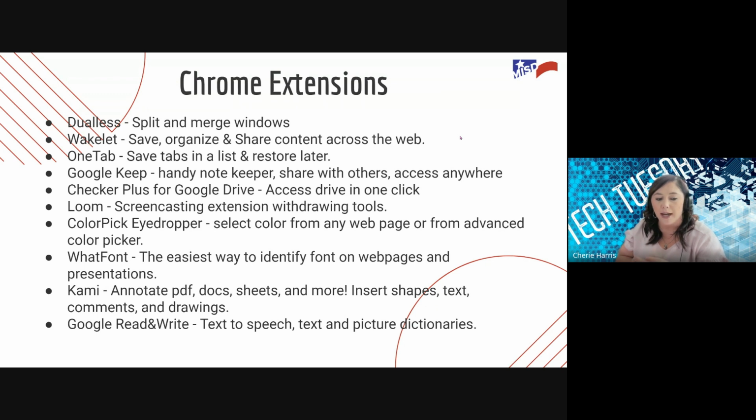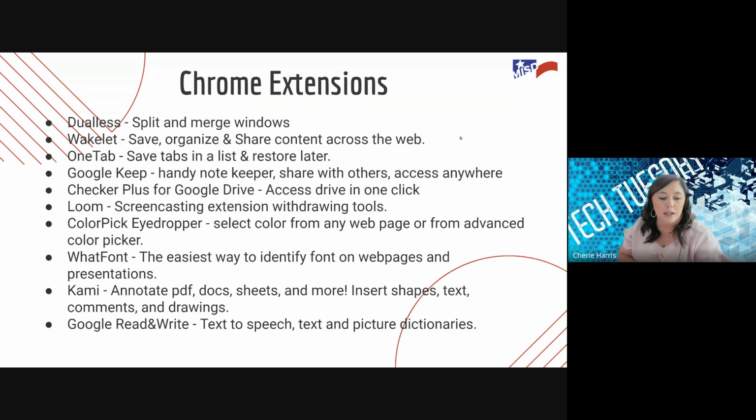Color Pick Eyedropper. So if you are an art teacher or a design teacher and you see a color that you really like, you can select a color on any web page or from an advanced color picker. What Font will give you the font on any kind of presentation or web page as well.